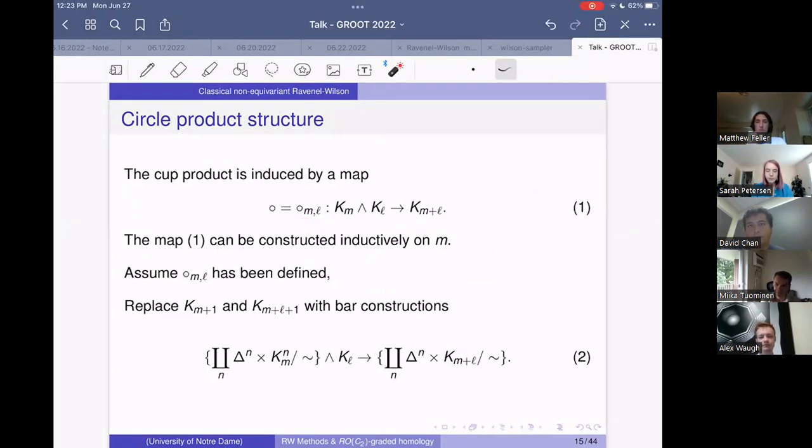So let's assume that the circle product for some Km and Kl has been defined. Then we'll replace Km plus 1 and Km plus L plus 1 with their bar constructions.